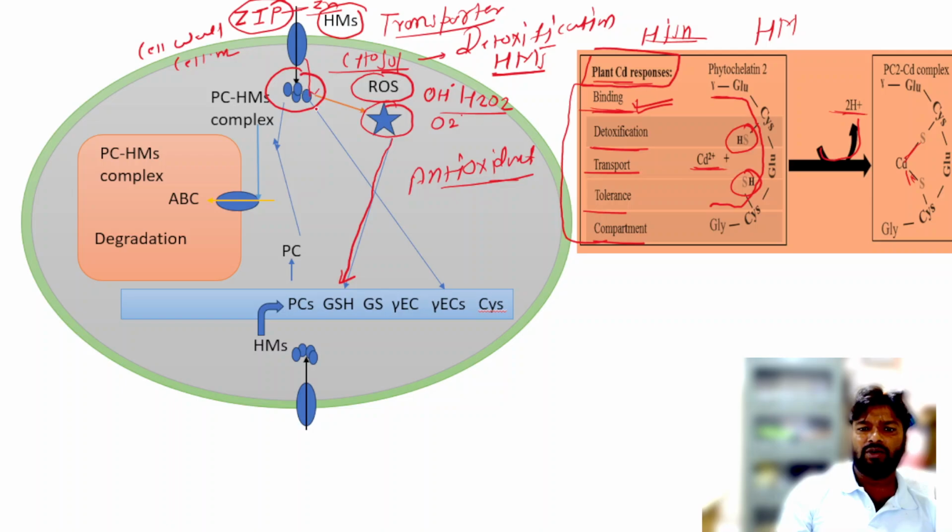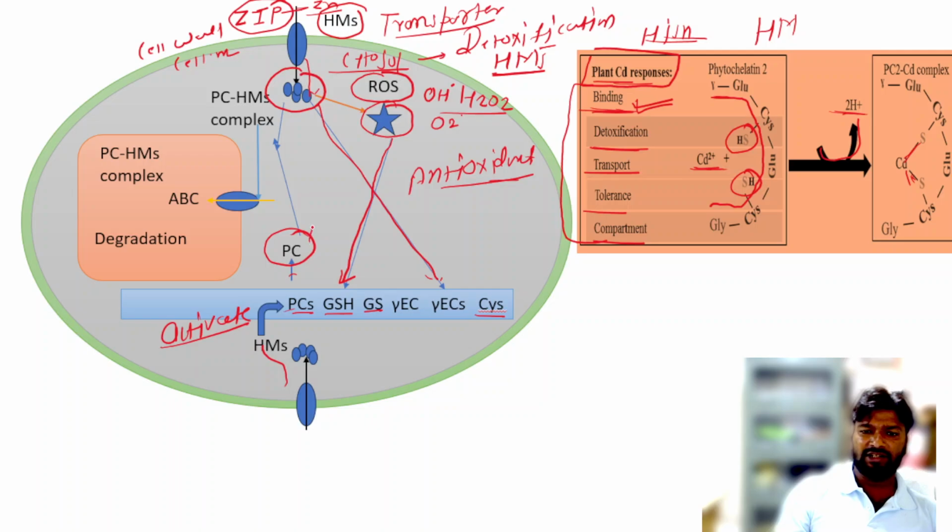Okay. Also, as we already discussed in the last slide, cysteine and glutamate form GSH and the phytochelatins, or heavy metals can directly activate the synthesis of phytochelatins.